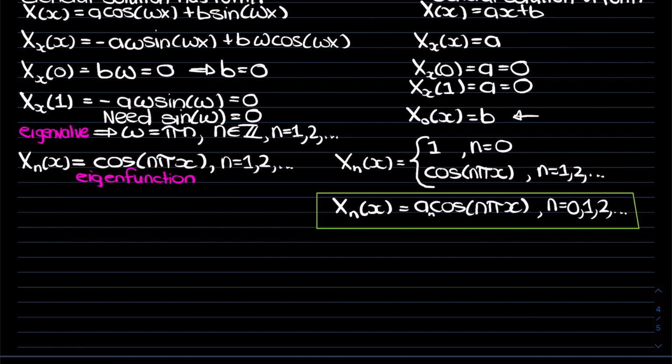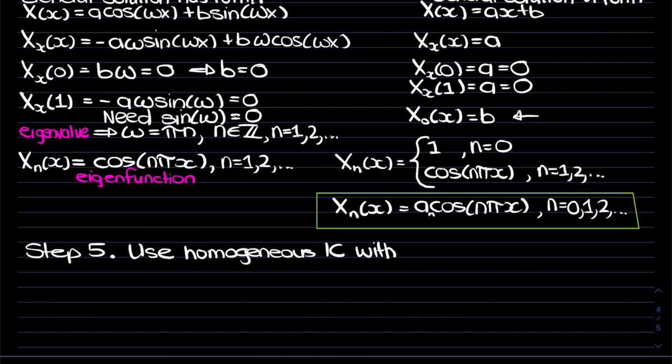Okay, so step 5 is to use the homogeneous initial condition, provided you have a homogeneous initial condition, with the ODE T prime plus lambda squared c squared T equals 0.